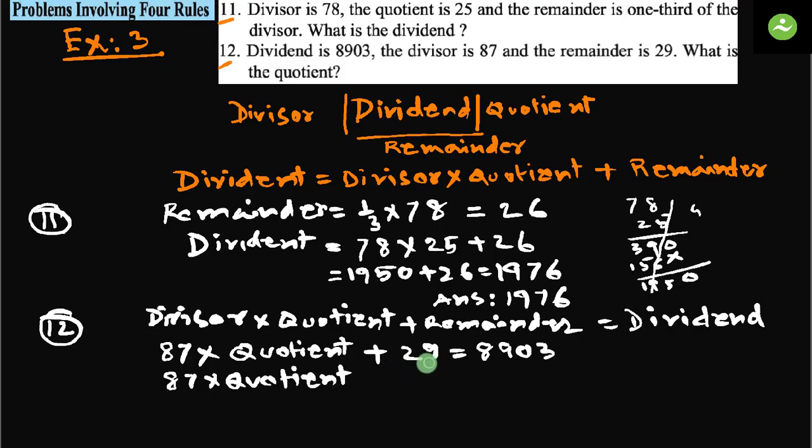If we deduct 29 from both sides, what do we get? 8903 minus 29. What we did? We have deducted 29 from both sides.